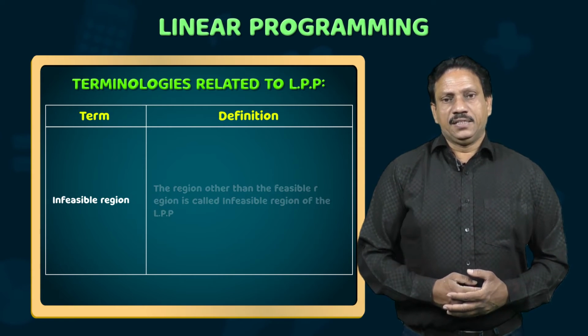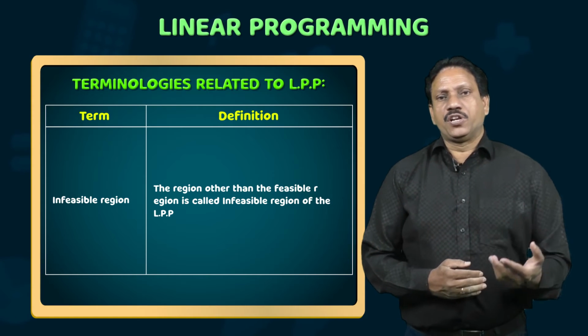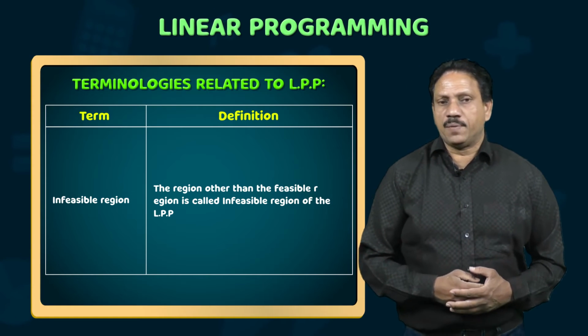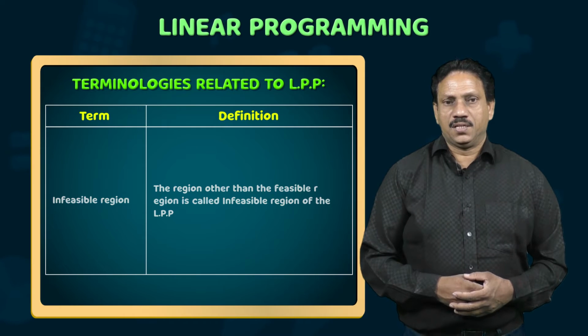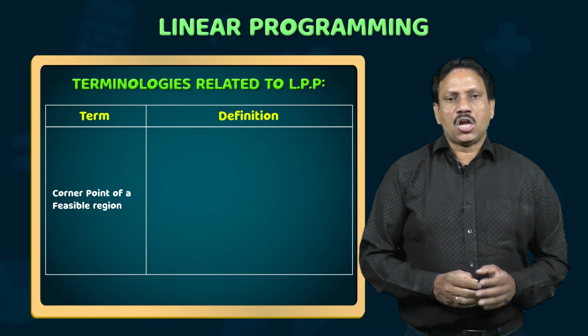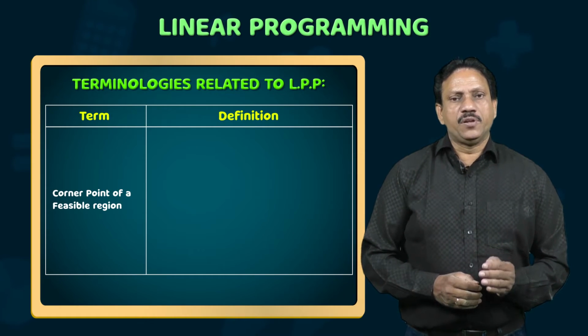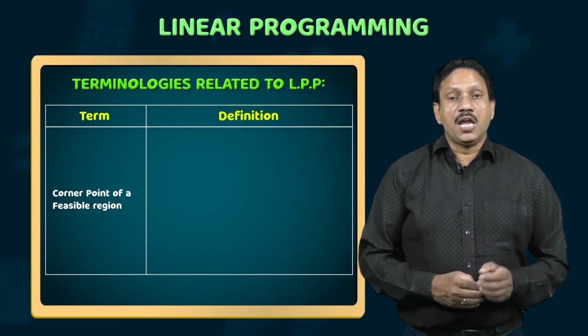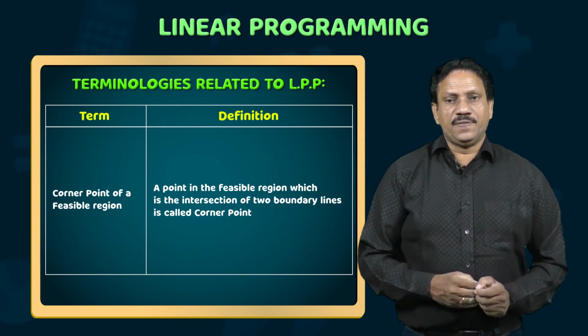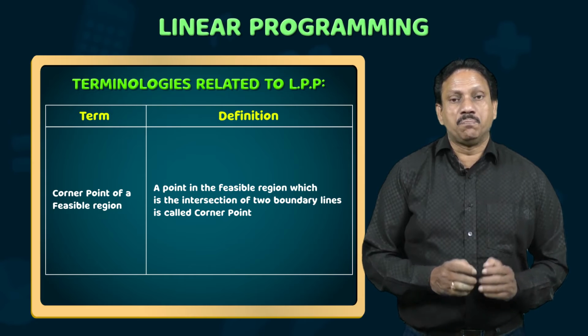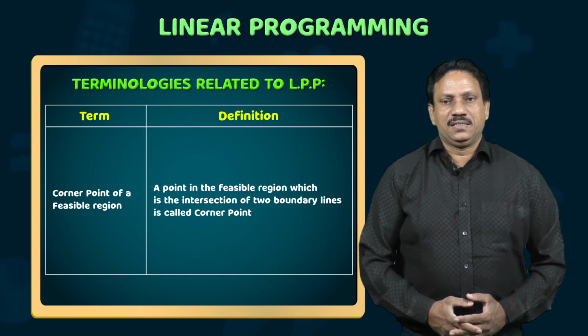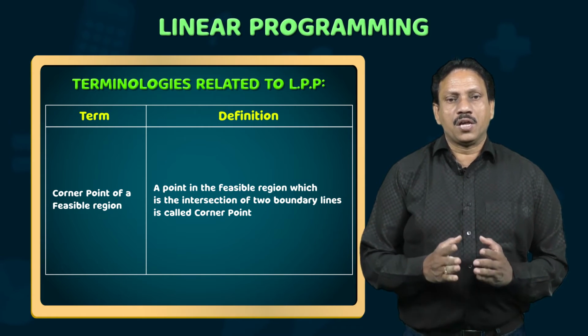Infeasible region: the region other than feasible region is called infeasible region of the LPP. Next, corner point of a feasible region: a point in the feasible region which is the intersection of the boundary lines is called a corner point.